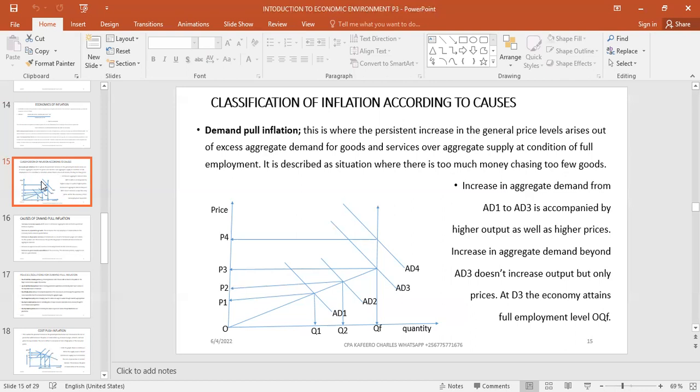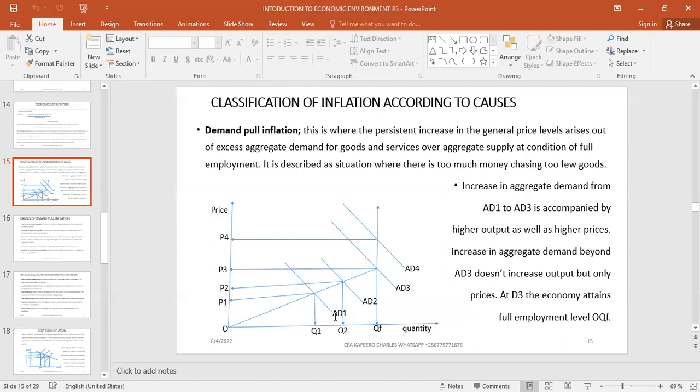So we have an illustration here, and we have the prices and we have the quantity demanded. What you are seeing here is a demand curve. We say the demand curve has a negative slope.